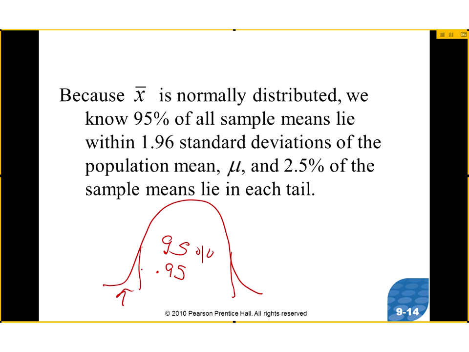Now, what's in these tails? Well, that's going to be 1 minus 0.95, which is 0.05, and then we need to divide that number by 2 because it's 0.05 in both tails together.